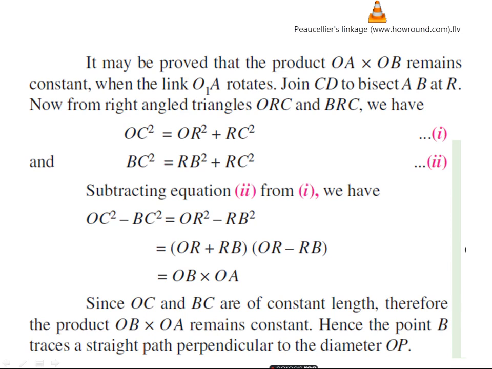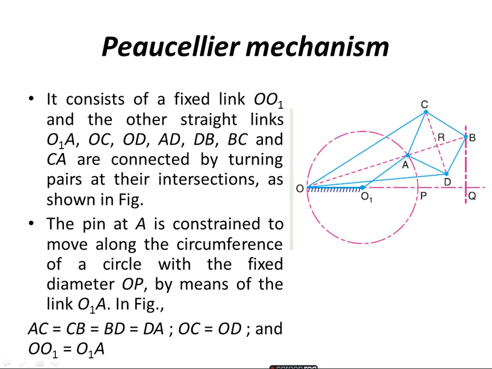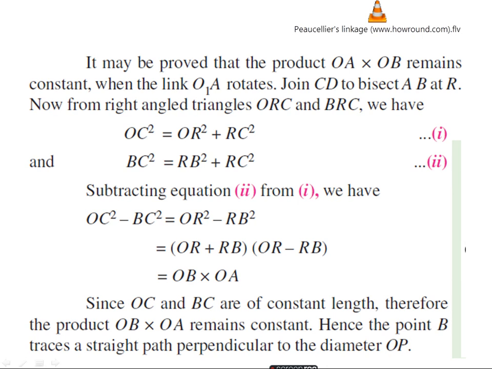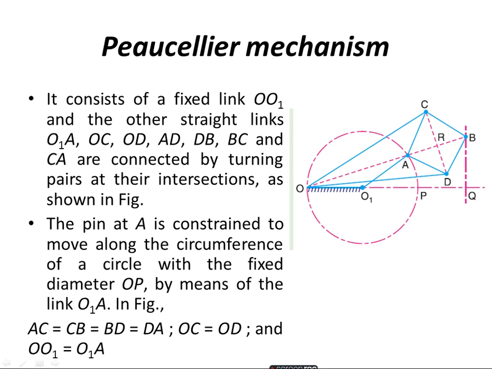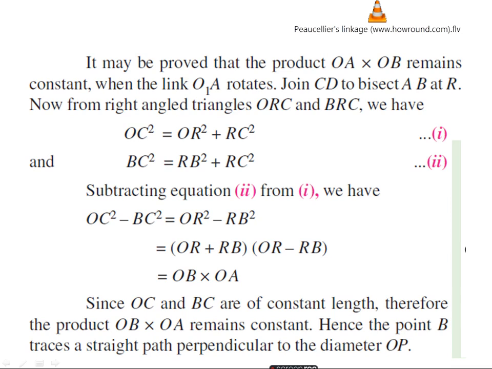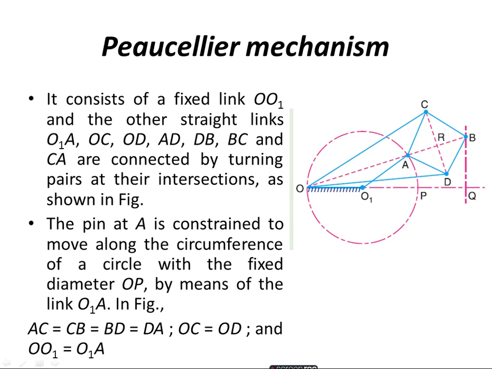Now from the right angle triangles ORC and BRC, that is this one ORC, the top one, and then BRC, this triangle. So this is the longer triangle and this is the shorter triangle. Here we have OC square equal to OR square plus RC square, by Pythagoras theorem.